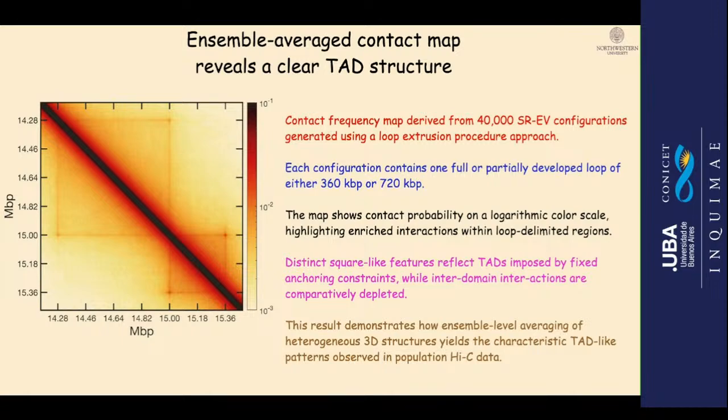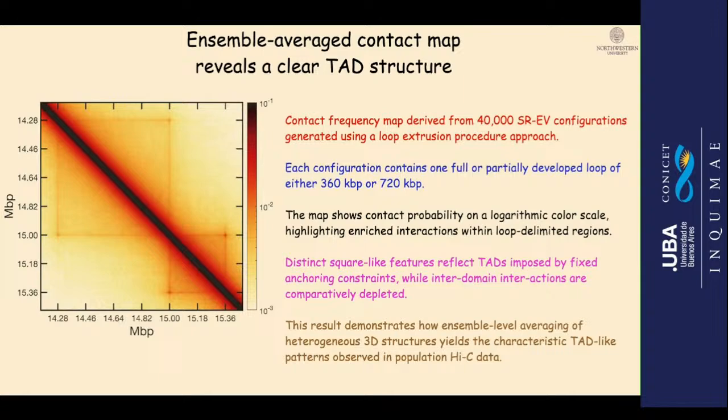This shows how ensemble averaging can turn structural noise into statistical signals, summarizing what we see in population Hi-C data.